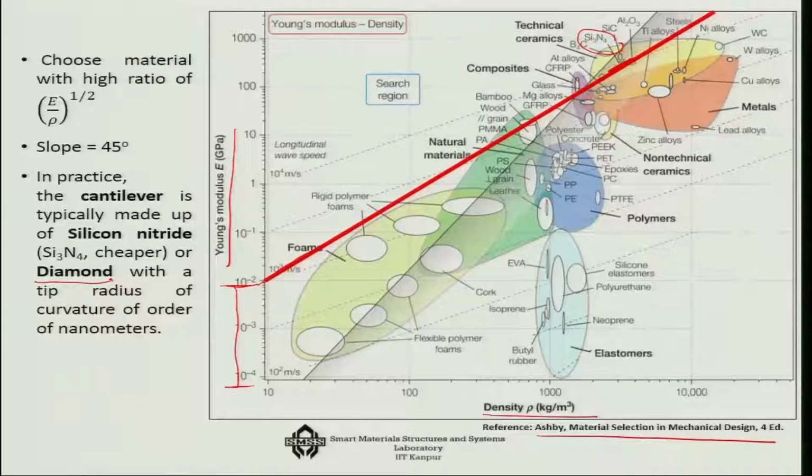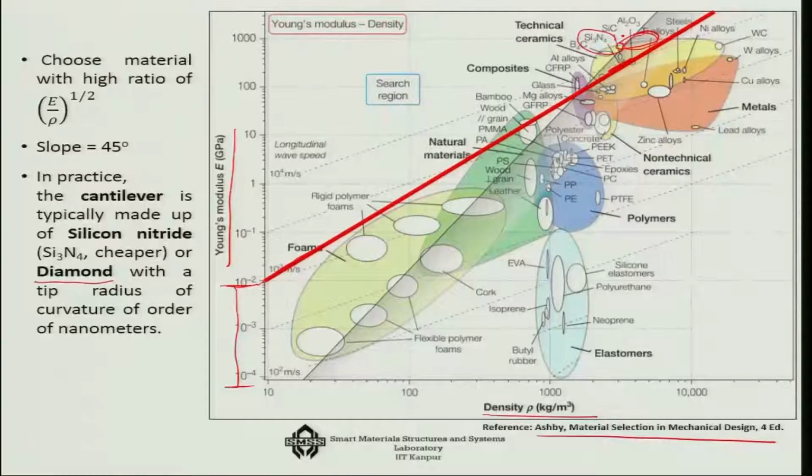It will be somewhat higher than silicon nitride, but silicon nitride is a cheaper solution in terms of cost, hence that is the much more preferred solution. Depending on the application, one may go for some advanced versions of metallic alloys in this region, but generally it is silicon nitride which is used in this particular type of situation.